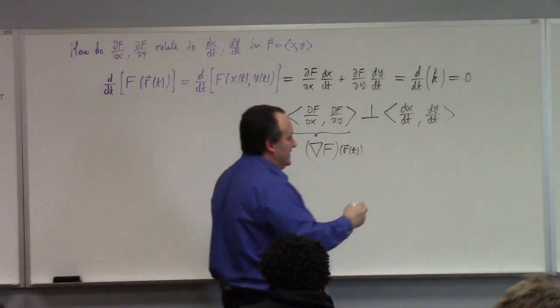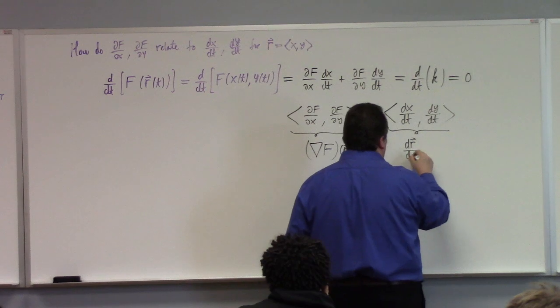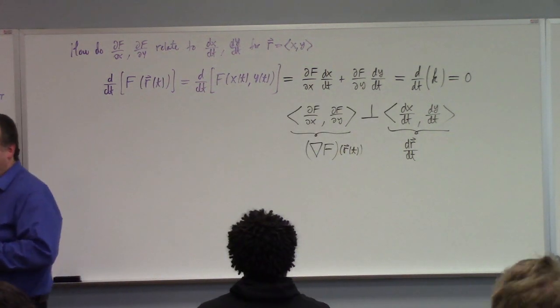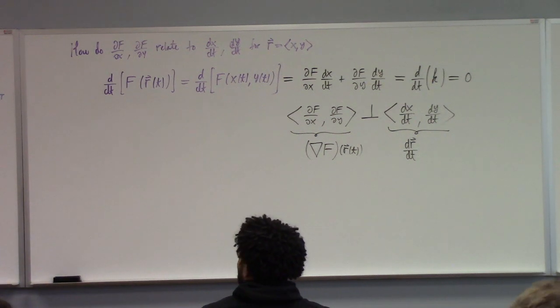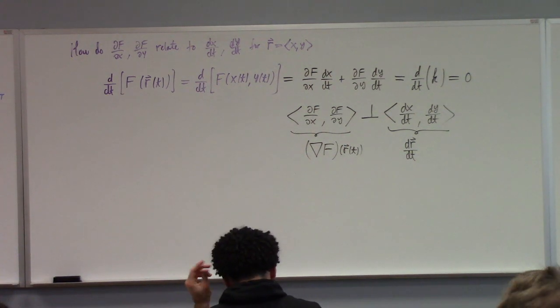That is the velocity of the path, or if you like, dr dt. So this is the relation between a parameterization and its level function. All right, this is the way they're related. So that's one thing we should keep in mind.